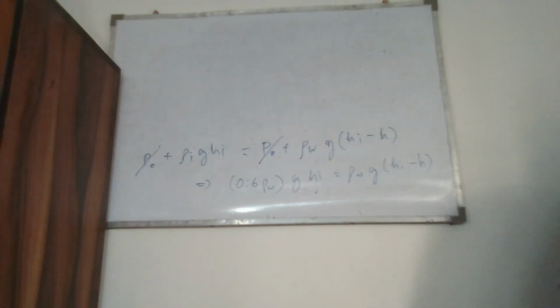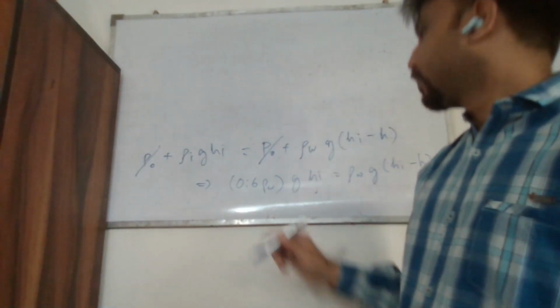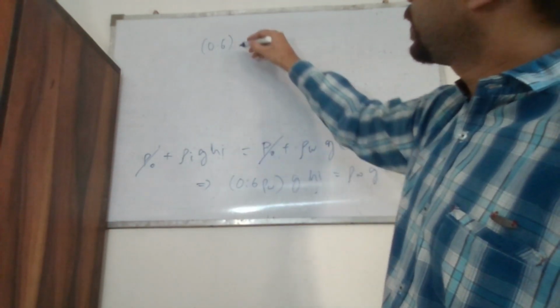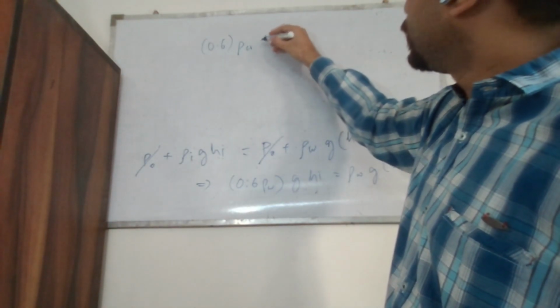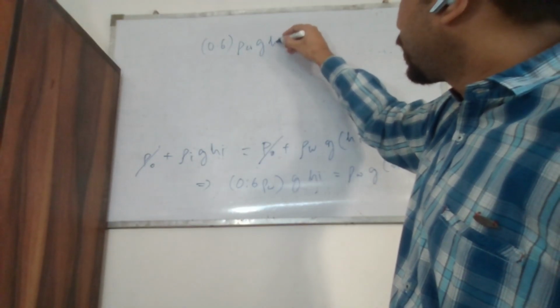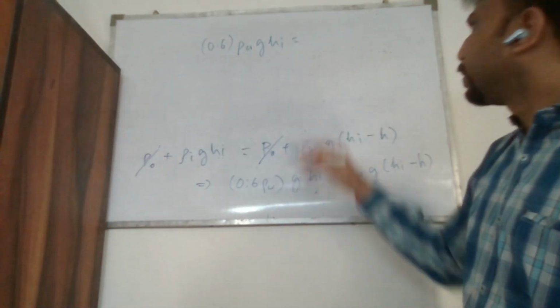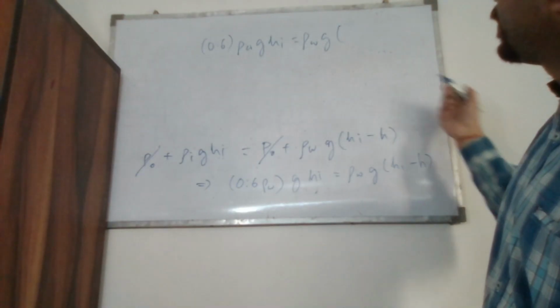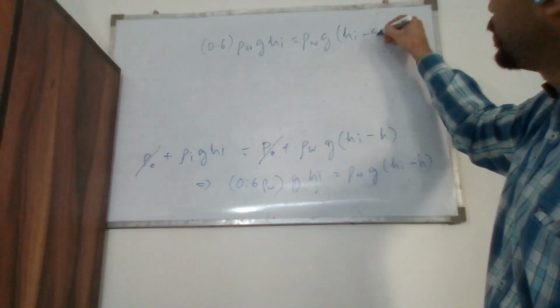So we can simply say 0.6 into density of water, g, HI is equal to density of water, g, putting the value of small h, that is 5 centimeter.